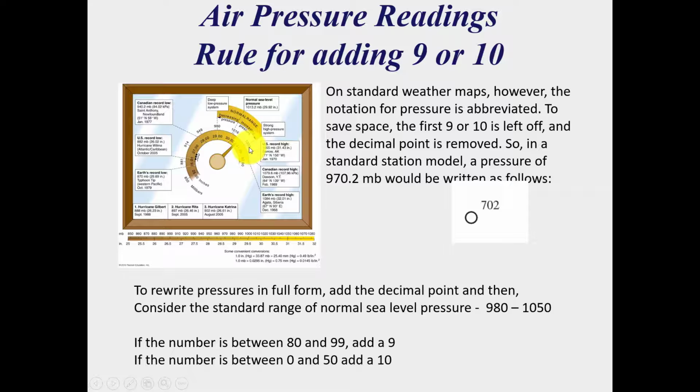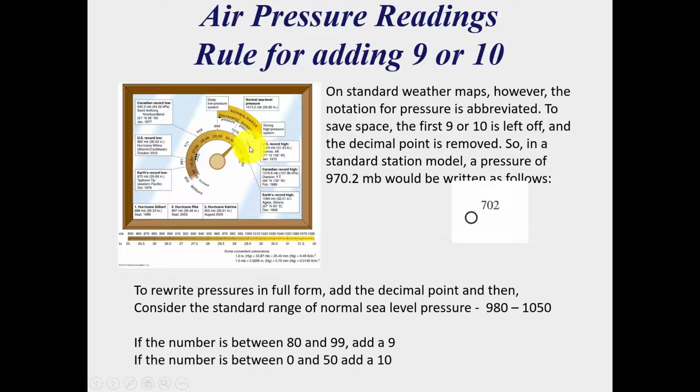And also the lower end, it doesn't go below 980. So if I were to add a decimal to this number, I have 70.2. Well, it can't be a 10 in front of that because the 10s only go to 1050. It has to be a 9.